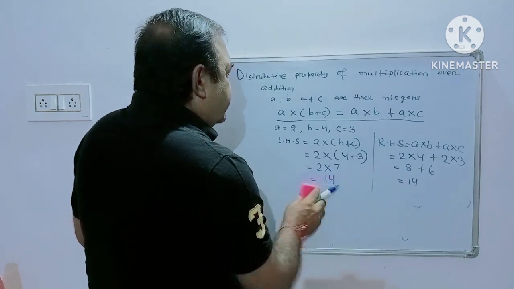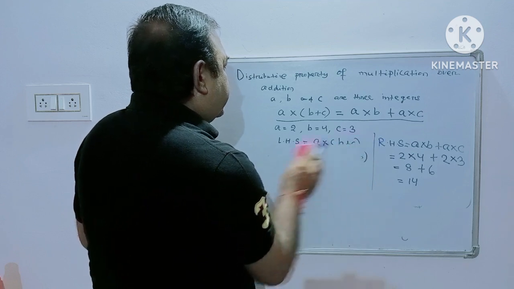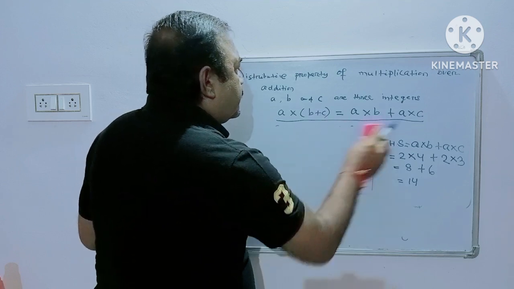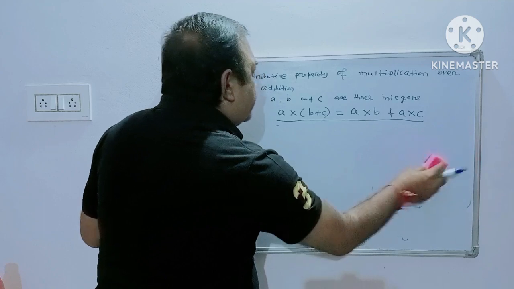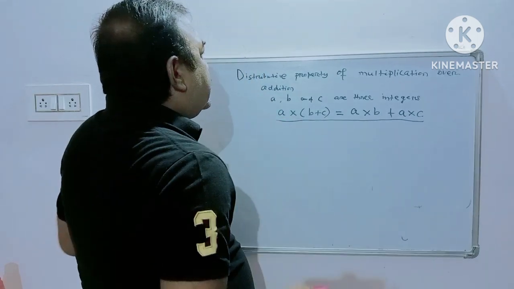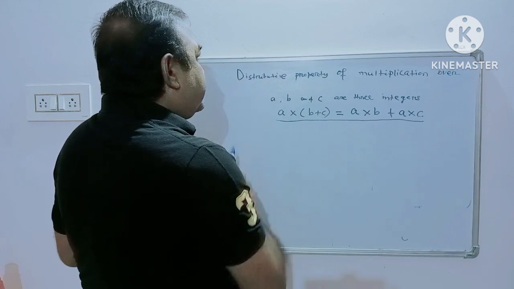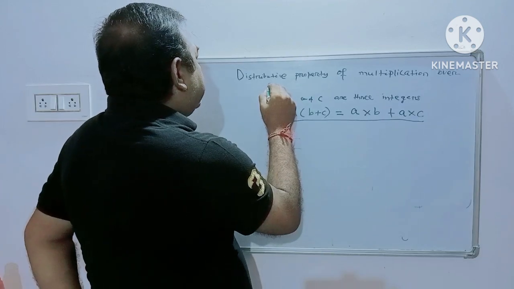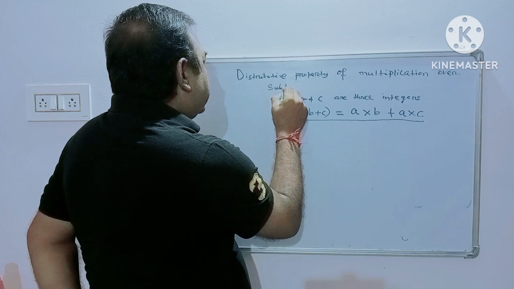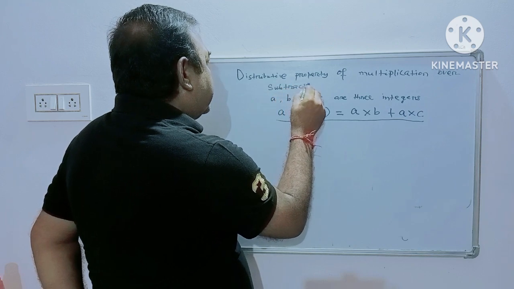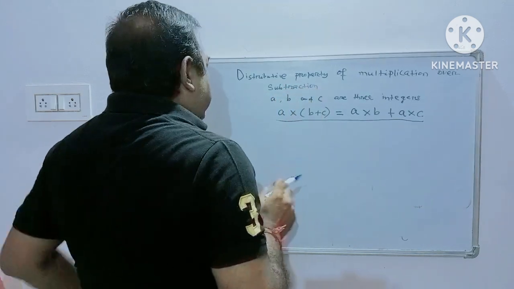Just I erase it. So the distributive property of multiplication over subtraction. Just I change here.